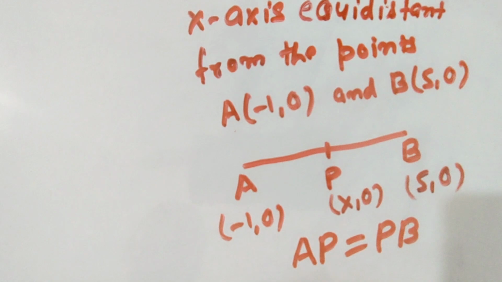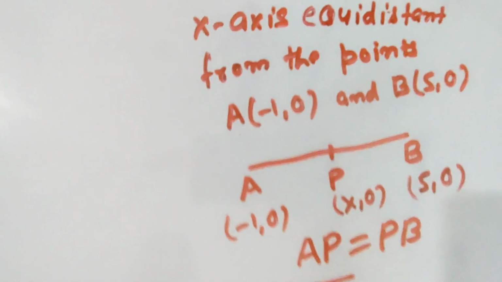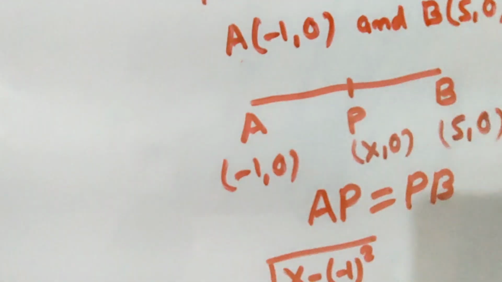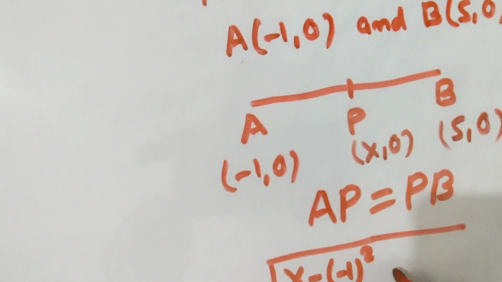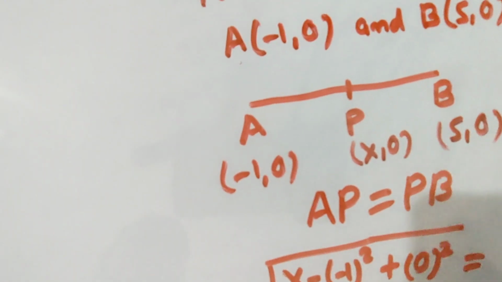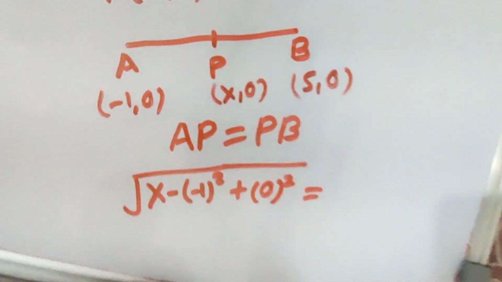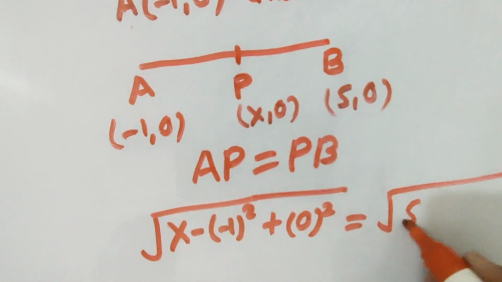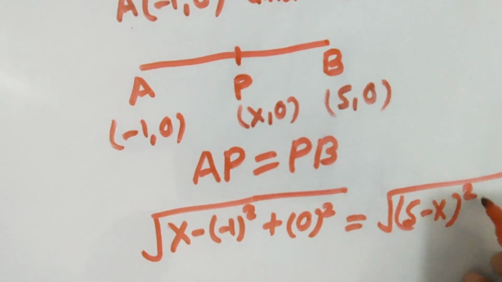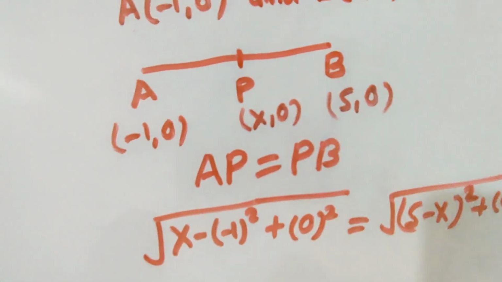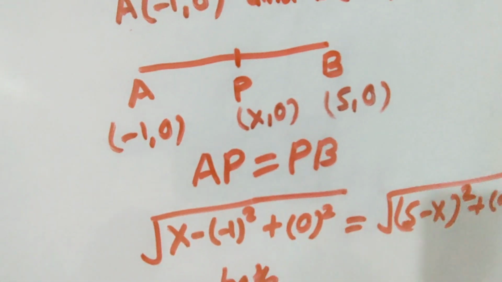Use the distance formula: square root of (x minus (-1)) square plus (0 minus 0) square equals square root of (5 minus x) square plus (0 minus 0) square.